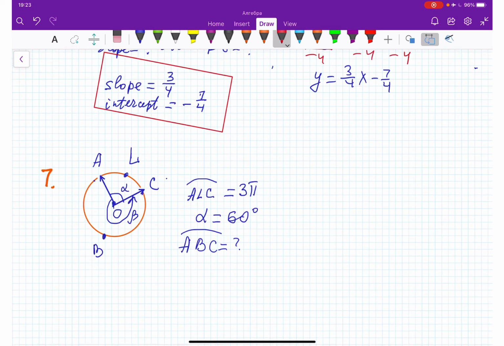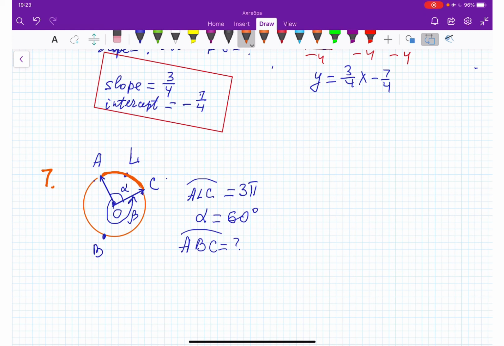Question number 7. I like this one. This is interesting. So we have arc ALC, which is equal to 3 pi.